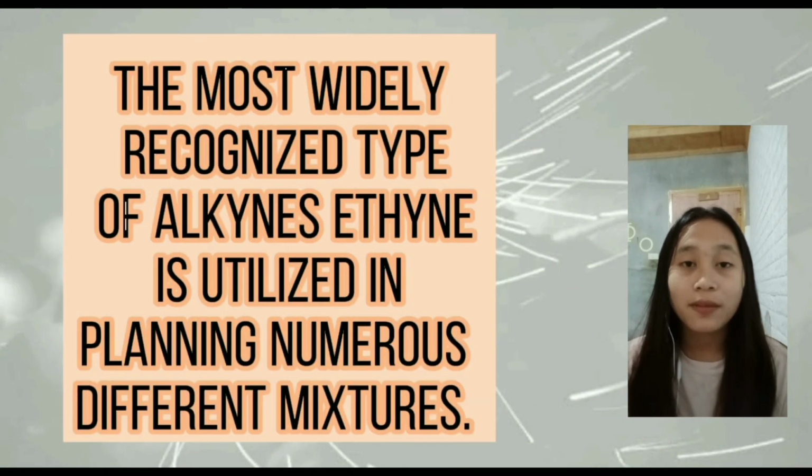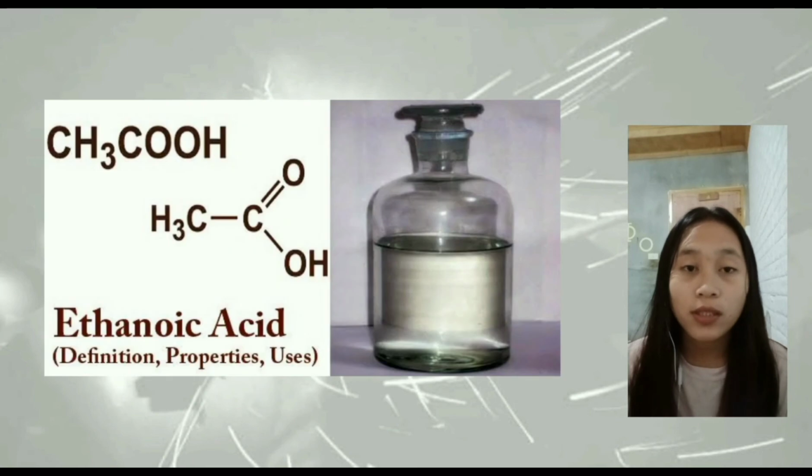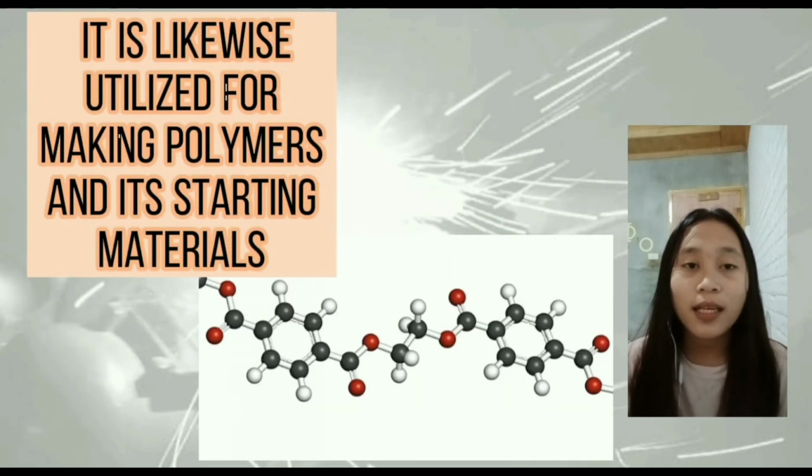The most common alkyne, ethyne, is used in preparing many other compounds. The most common use of ethyne is for making organic compounds like ethanol, ethanoic acid, acrylic acid, and so forth. It is also used for making polymers and their starting materials.